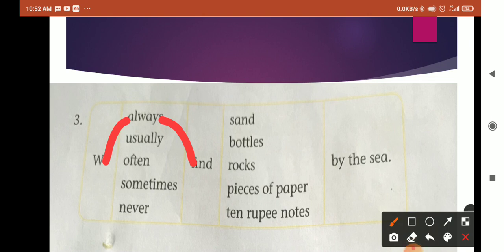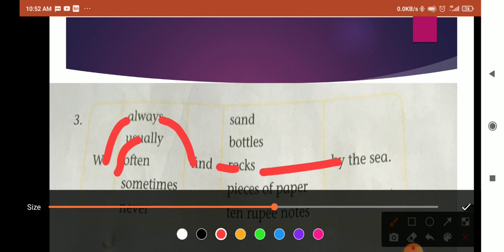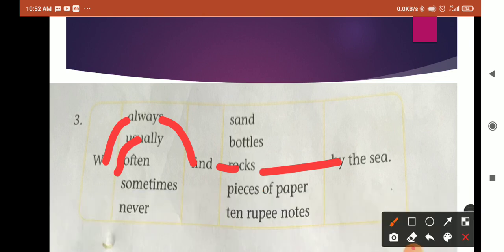Similarly, in the next, we always find rocks by the sea. Next is, we usually find 10 rupees note by the sea.